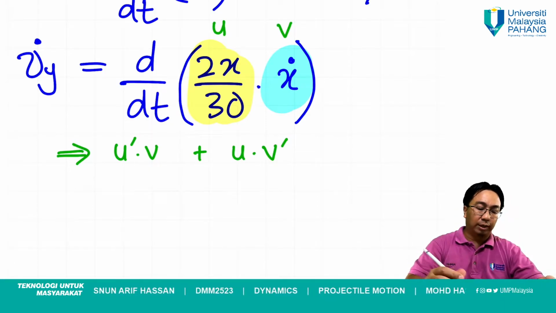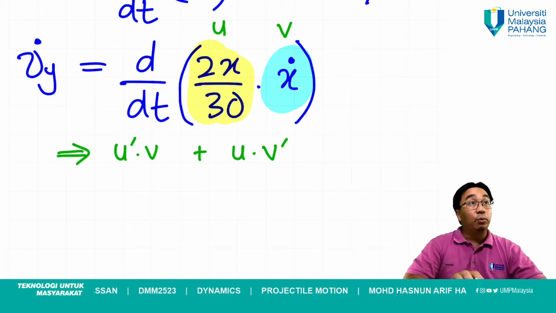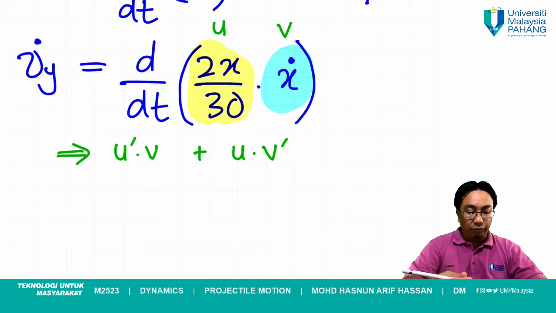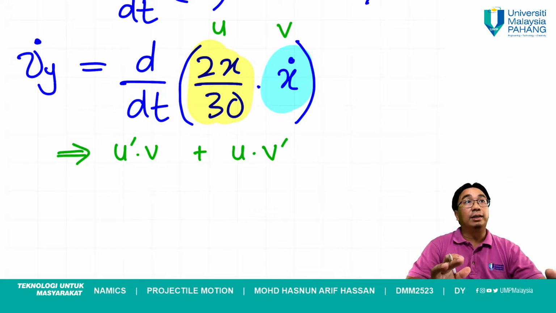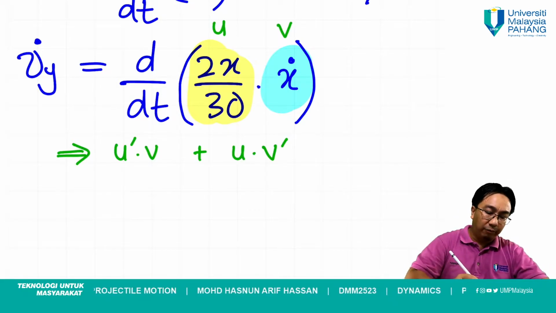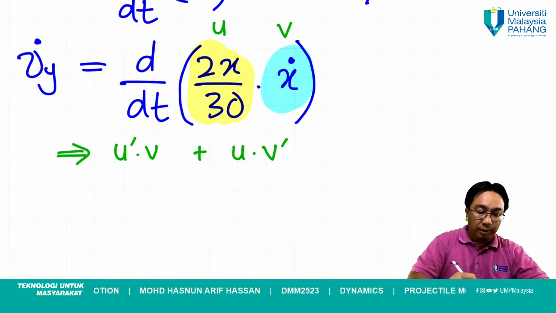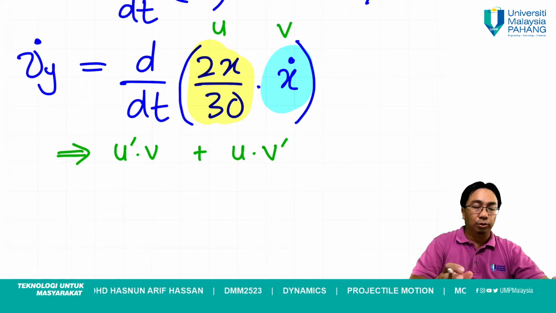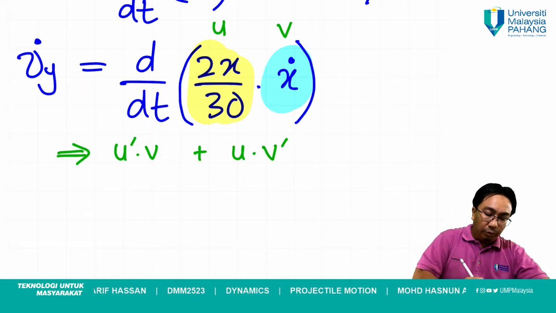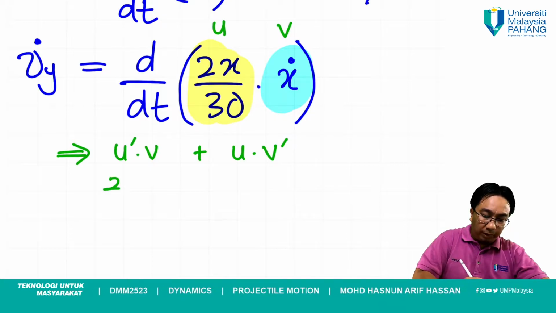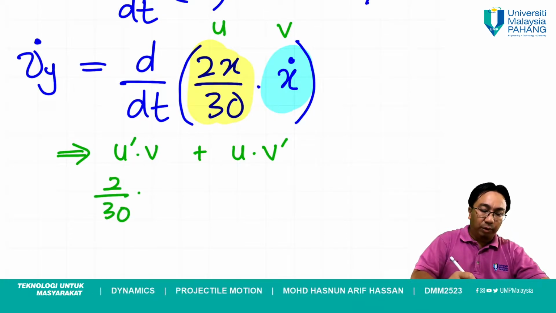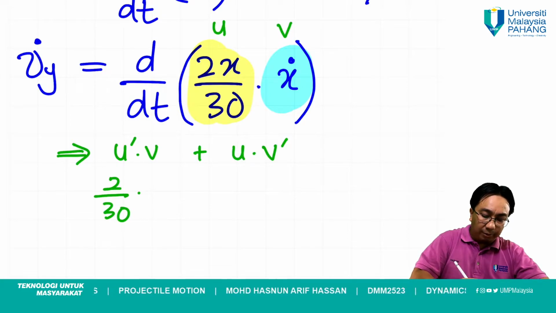of u. So now based on what we have here, we have to differentiate u first. V we leave as it is. So when you differentiate 2x over 30, where u is 2x over 30, you will get 2 over 30. And then multiply with v. V here is x dot.